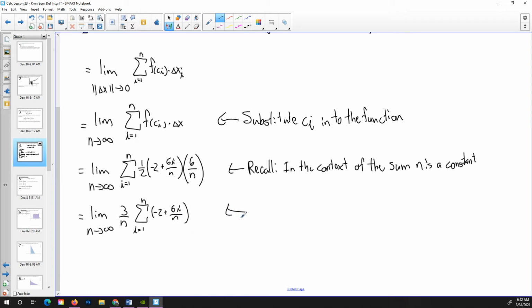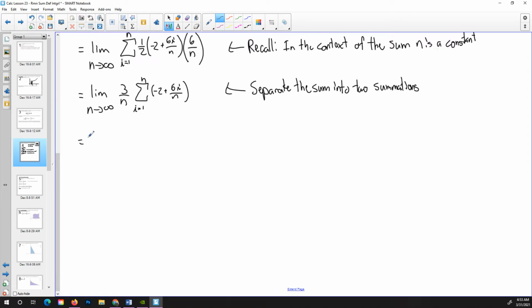And now I want to separate the sum into 2 summations. And so what I'll do is I'll write it like this.